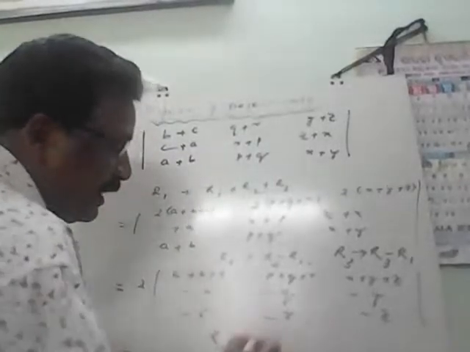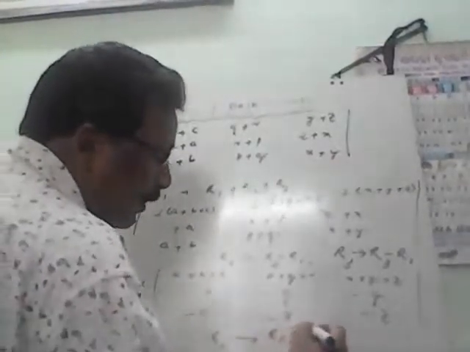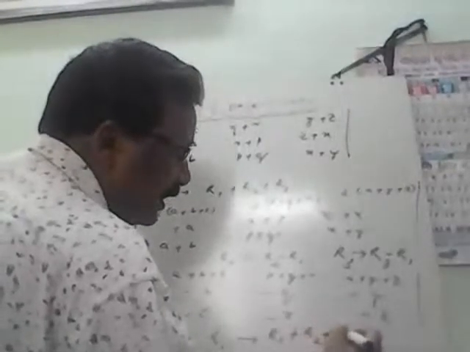This is your next step. Then replace row 1 by row 1 plus row 2 plus row 3. Again row 1 replaced by row 1 plus row 2 plus row 3. Now check the answer. If you add row 1, row 2, row 3 and write along row 1, here B, C both are cancelled.